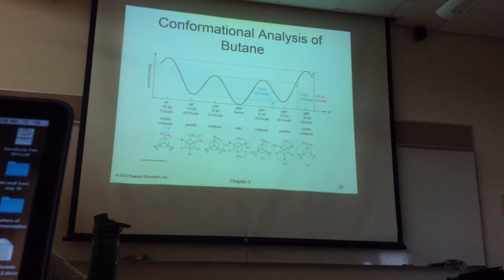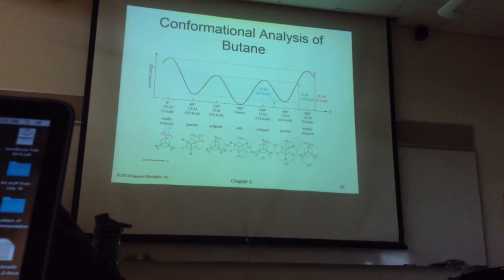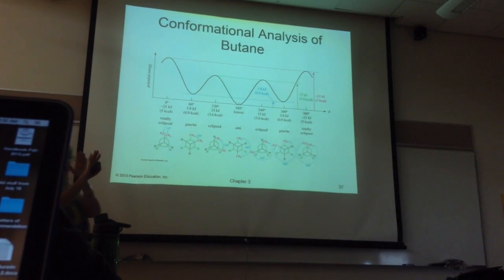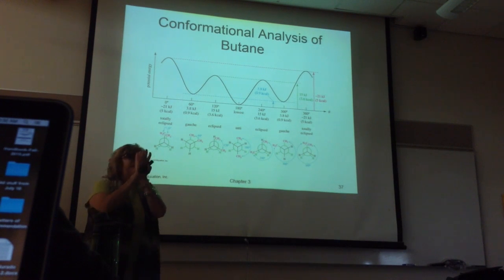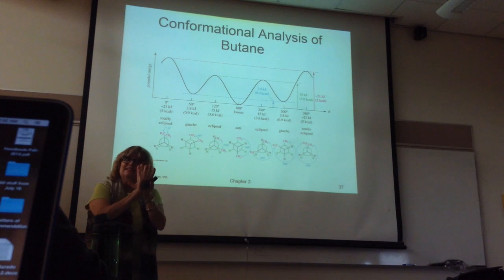But if you were asked to look at a molecule, any other molecule, I think you should be able to decide that yes, it makes sense that it will be much greater in energy, and this is called torsional energy. Eclipsing, keeping all those atoms behind one another, takes energy.